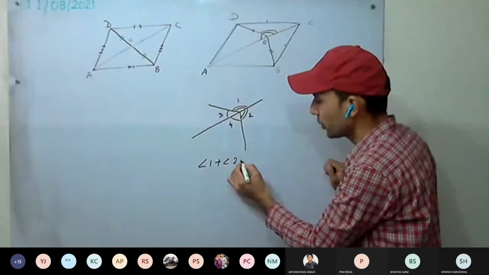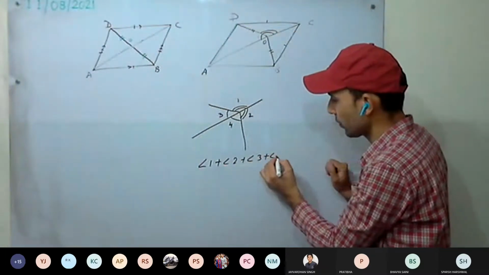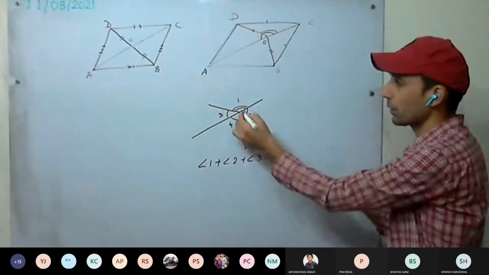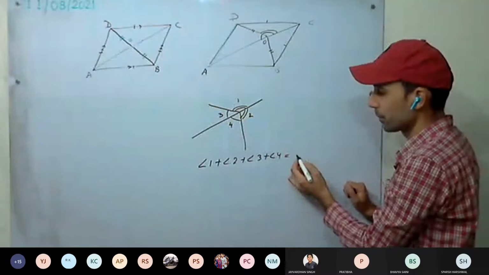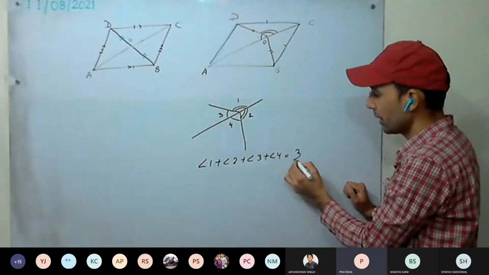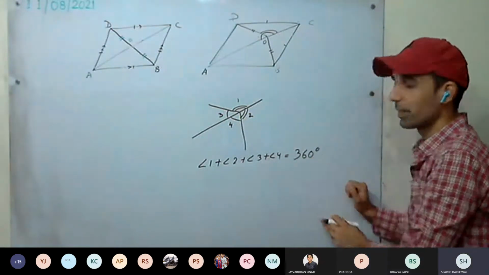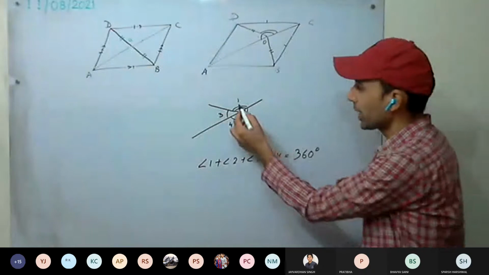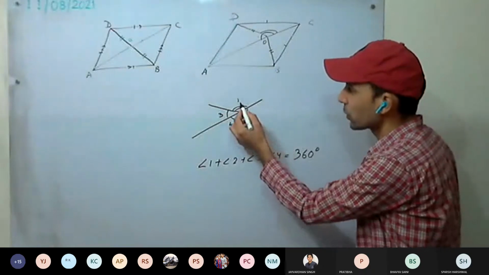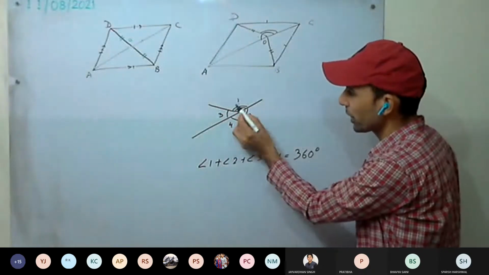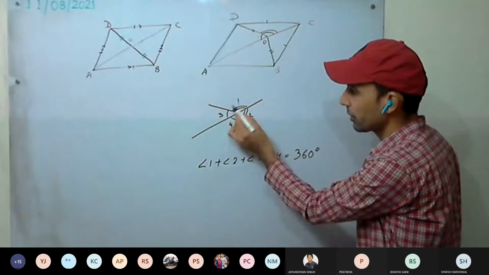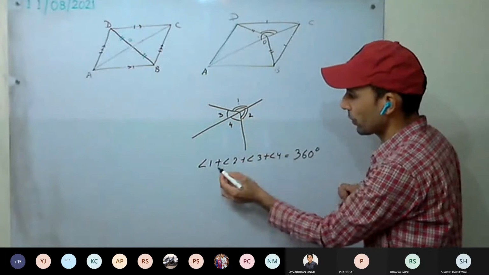Angle 1 plus angle 2 plus angle 3 plus angle 4. How much will be the sum around the point? 360 degrees. Now angle 1 equal to angle 2, so we will take everything in terms of 1 and 3, or 2 and 4.